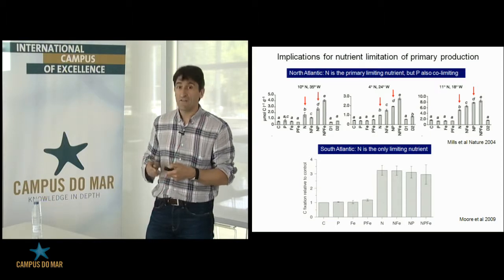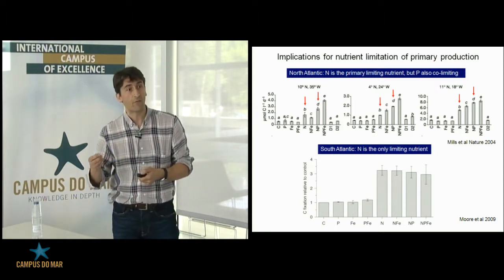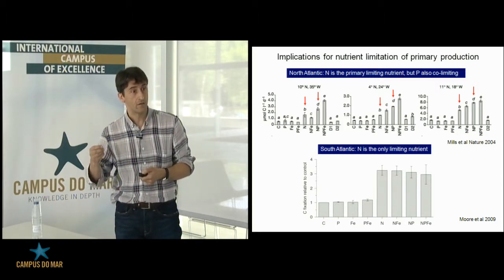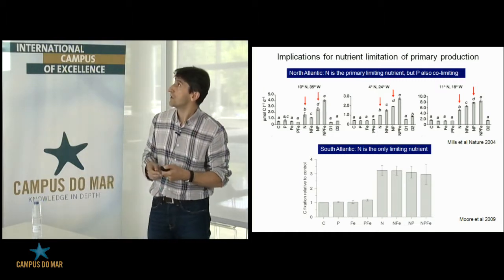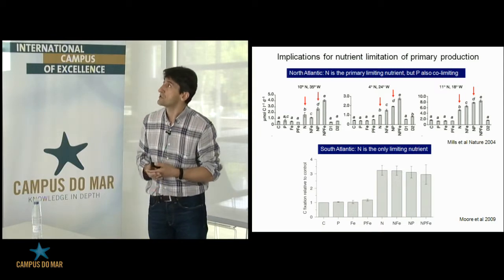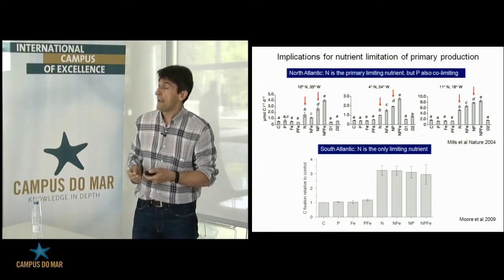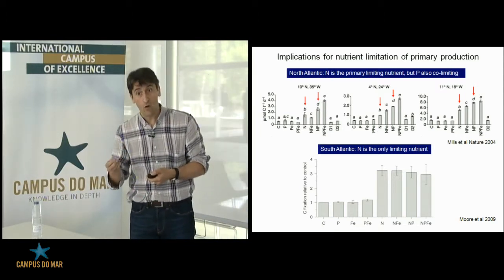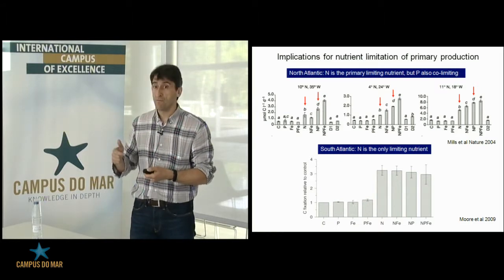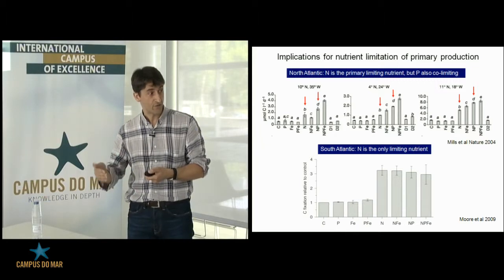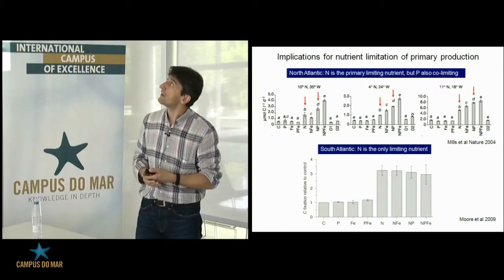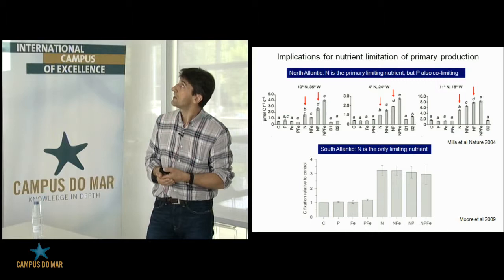So basically, the fact that there is more nitrogen fixation as a result of the enhanced atmospheric deposition of iron, the fact that there is more nitrogen fixation in the north explains that there is more phosphorus consumption, and the fact that there is less phosphorus available explains that phosphorus can also co-limit primary production.